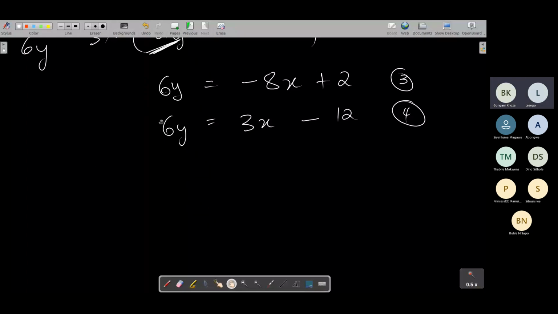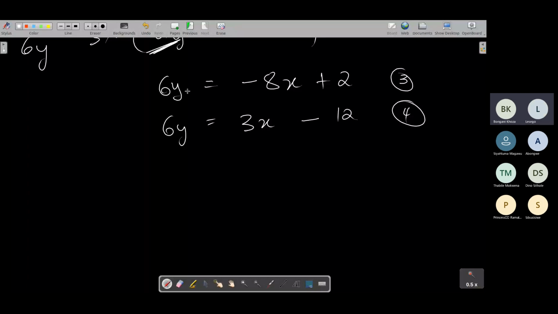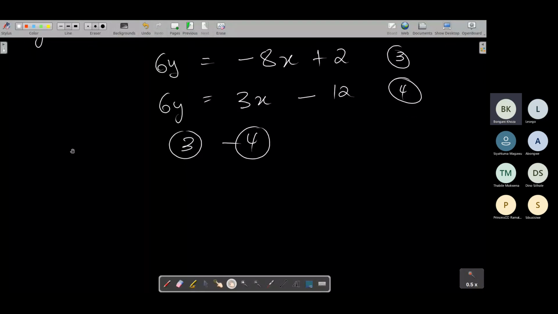Right. And then from here, how do we remove 6y there? Do we add? Do we subtract? We subtract. So it will be equation 3 minus equation 4, or equation 4 minus equation 3, as long as you end up using your signs correctly. So let's subtract then. 6y minus 6y, what do we have? 0.